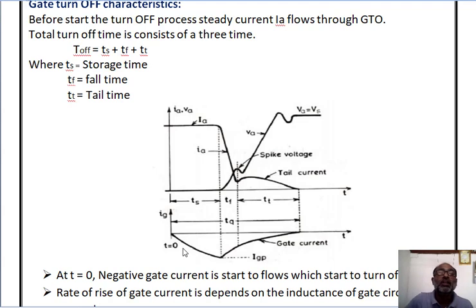Before starting the turn-off process, a steady current flows through the GTO. The total turn-off time consists of mainly 3 times: TS plus TF plus TT, where TS is the storage time, TF is the fall time, and TT is the tail time.